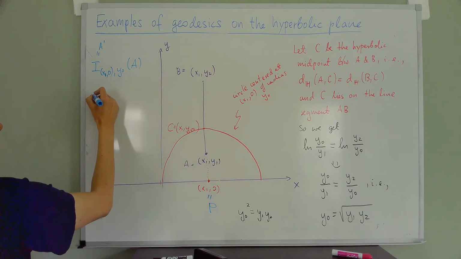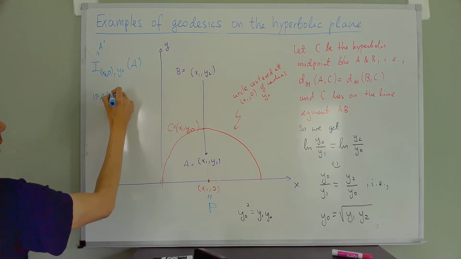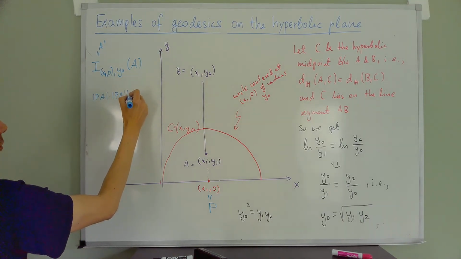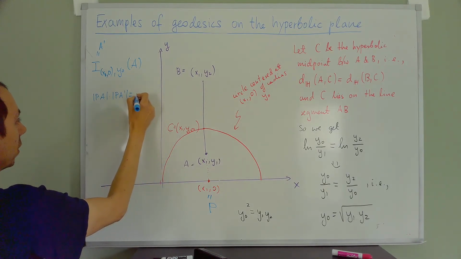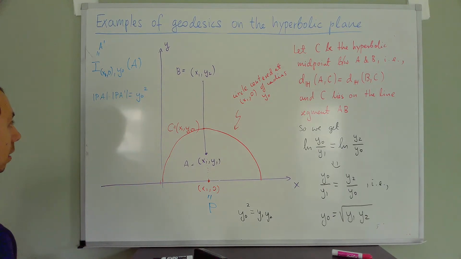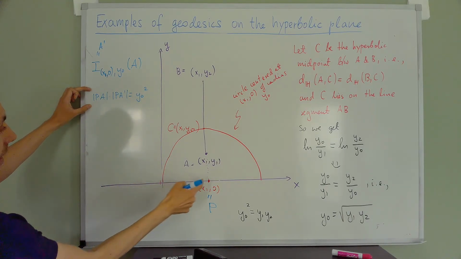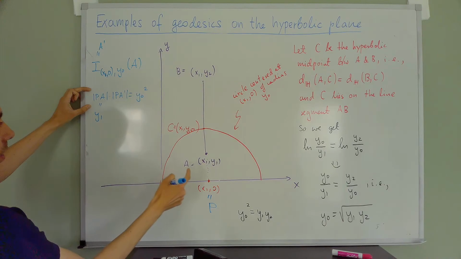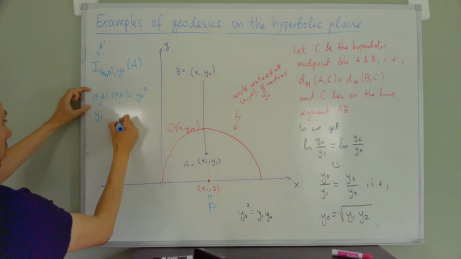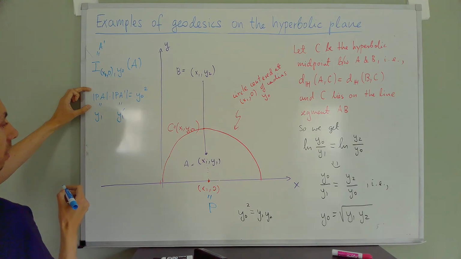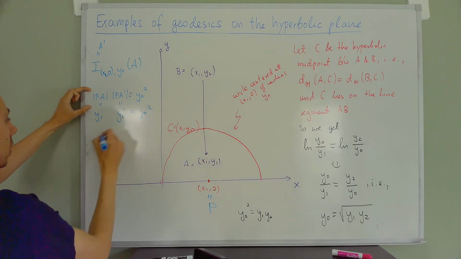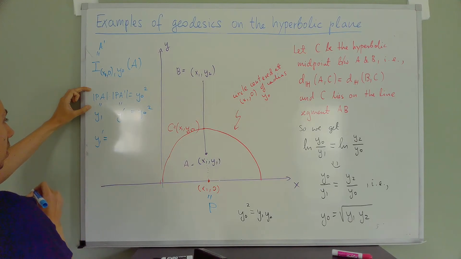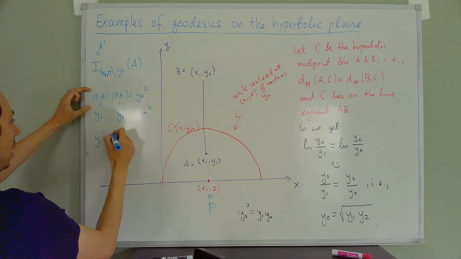So I know that PA times PA prime has to be the radius squared, so y0 squared. Fine, but what's PA? That's just this distance, so that's y1. What's PA prime? Well, I don't know. That's sort of the question mark. Let's just write it as y1 prime, and that's supposed to be y0 squared. So from this, I get that y1 prime is equal to y0 squared divided by y1.